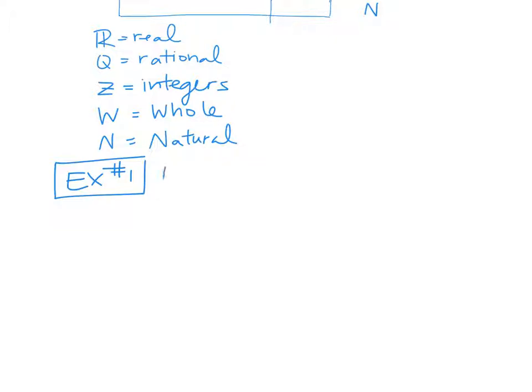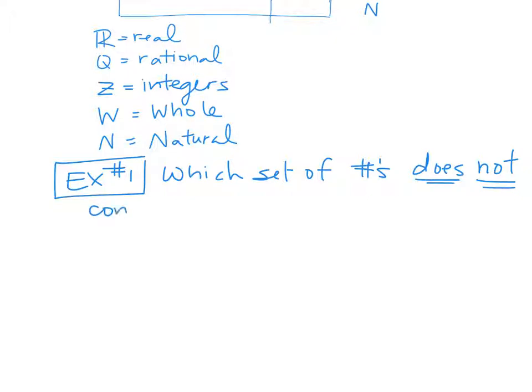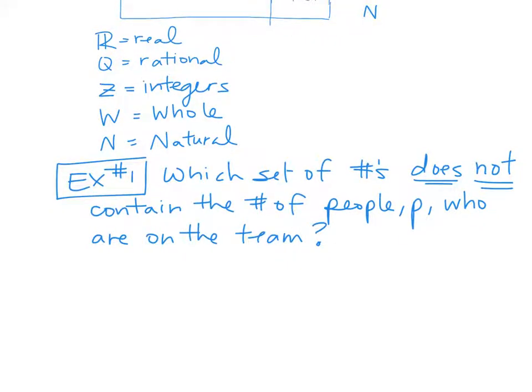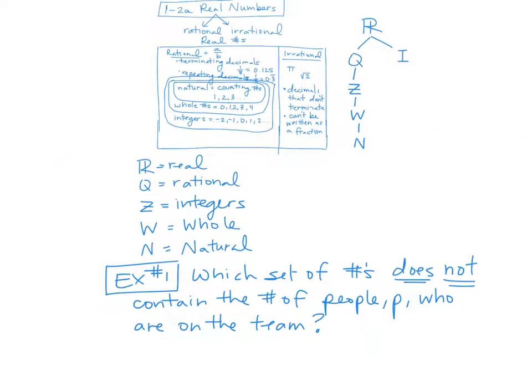I want to know which set of numbers does not contain the number of people, which we're going to call P right now, who are on the team.